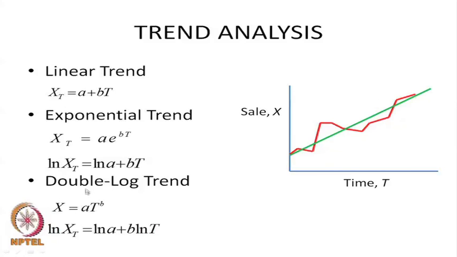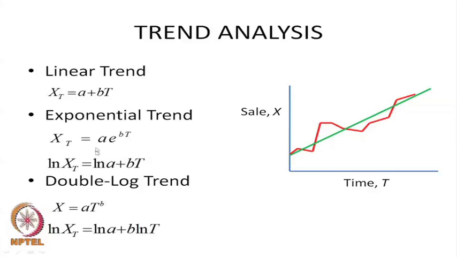We can even assume a double log or a log-log relationship between x and t in this manner. Suppose that x is equal to a multiplied by t to the power b. Taking ln, we get ln x equal to ln a plus b times ln t. This once again is linear in parameters.